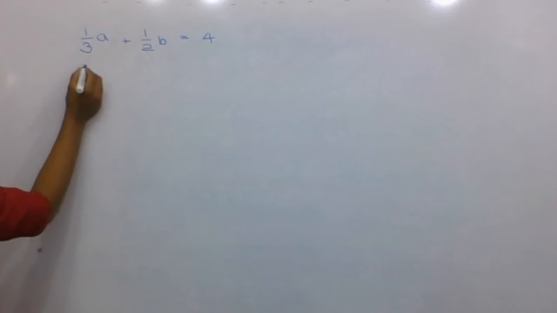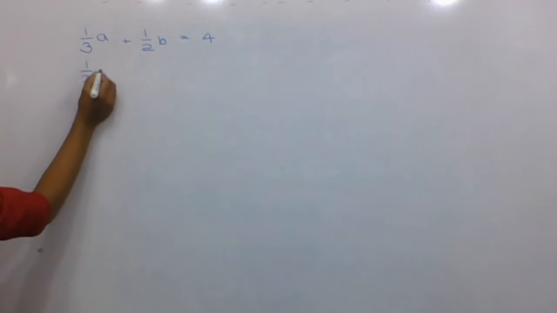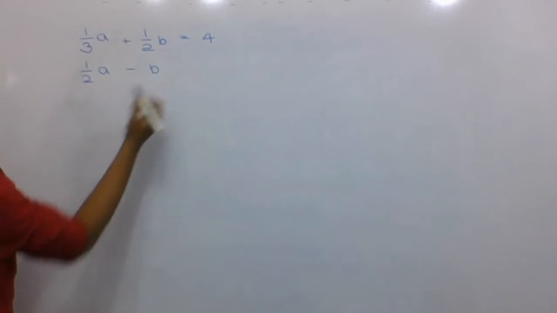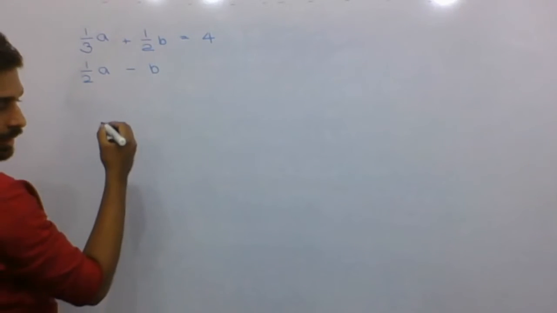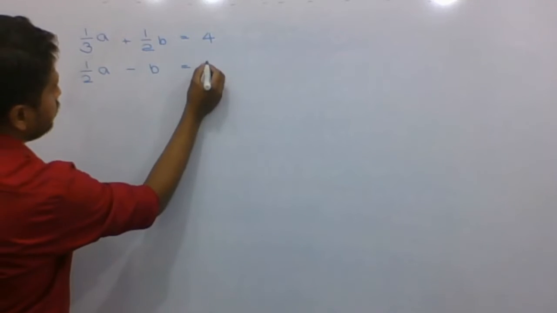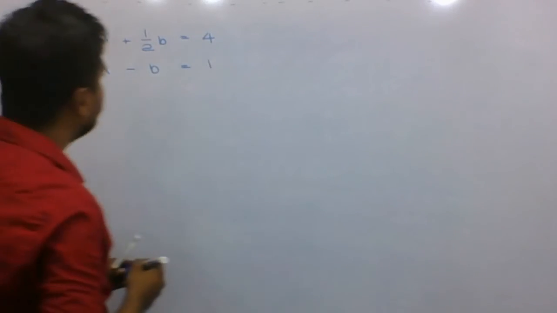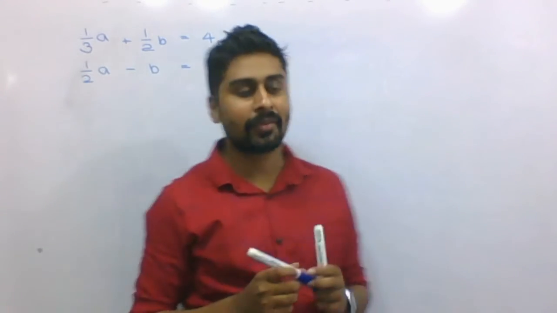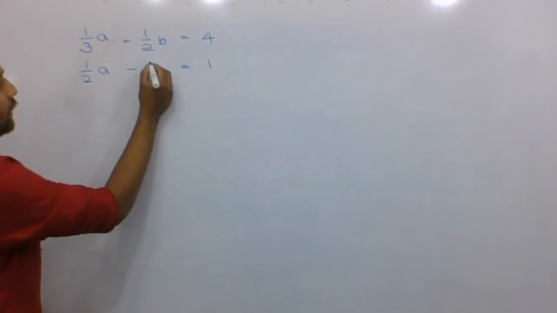The next one: 1 over 2a minus b equal 1. Right, now you can try this one, then I will do it here.